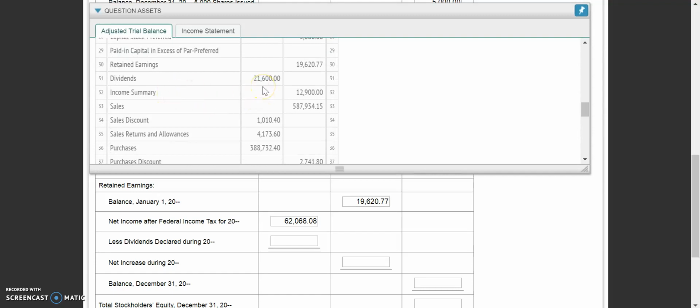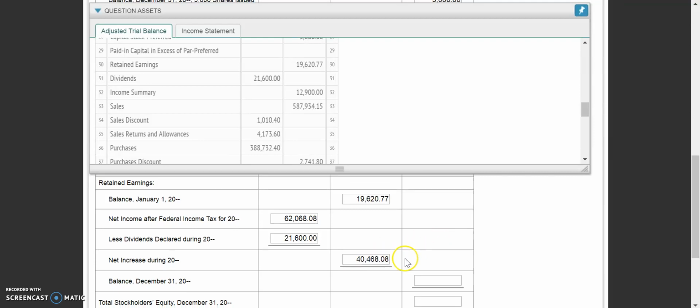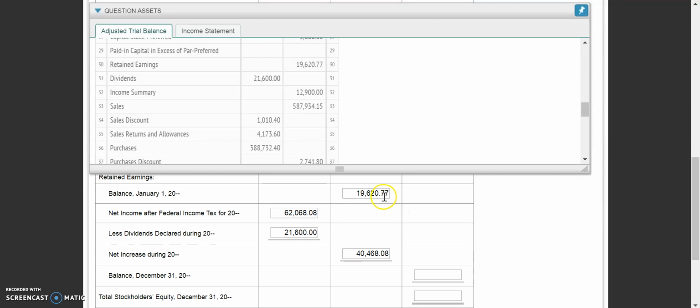We paid out $21,600 in dividends to our stockholders. So our net increase during this year is the $62,000 that we had for net income, subtracting out our dividends. So our net increase was $40,468.08. We take that $19,000 and add it to our net increase for the year.